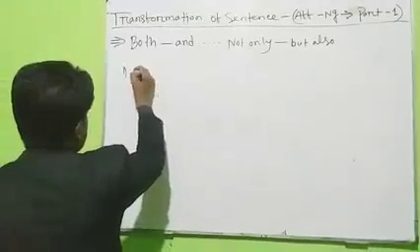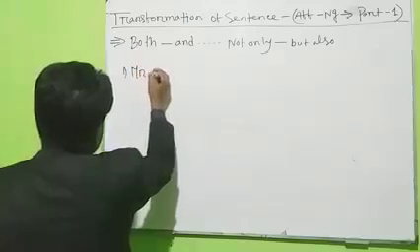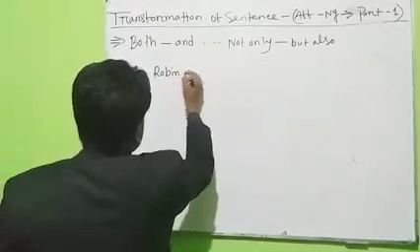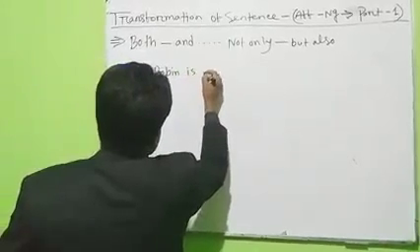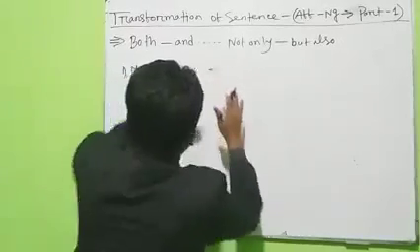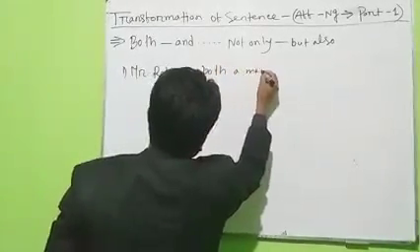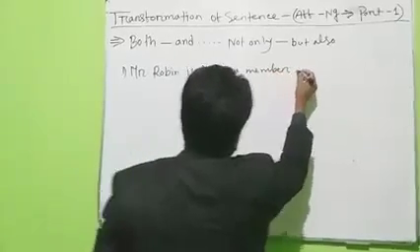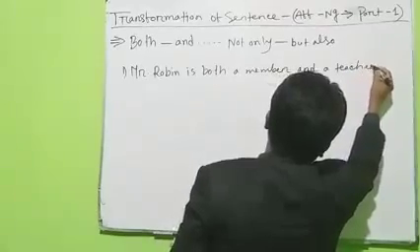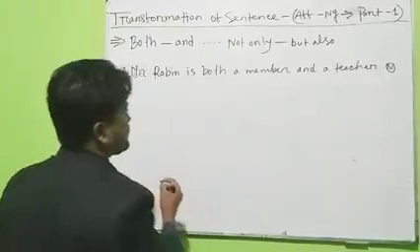The first example, Mr. Robin is both a member and a teacher. You have to make it into negative. Look at the example.